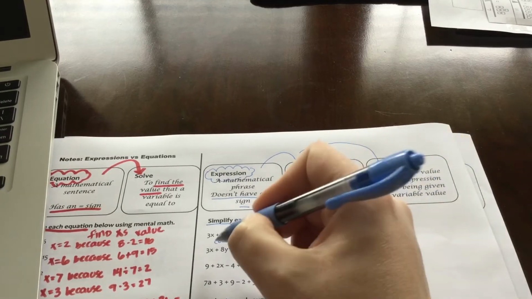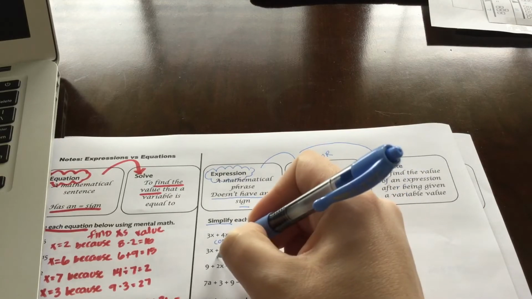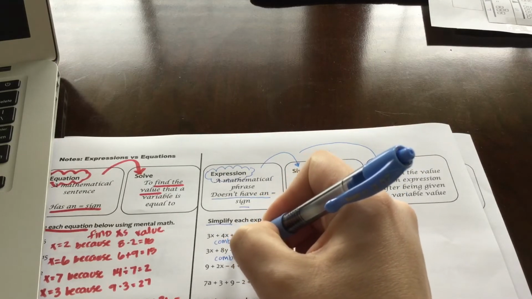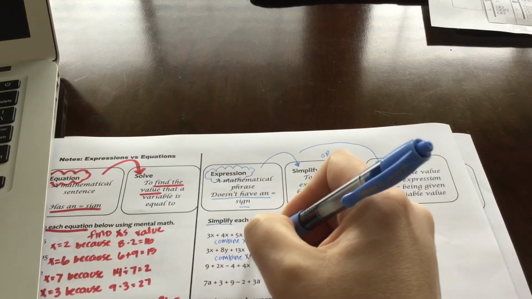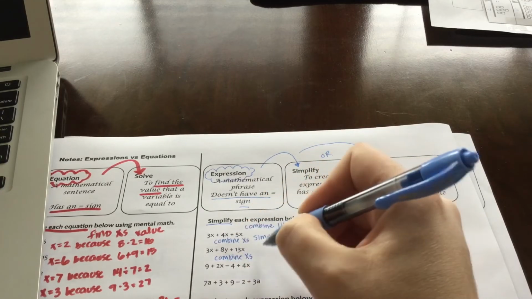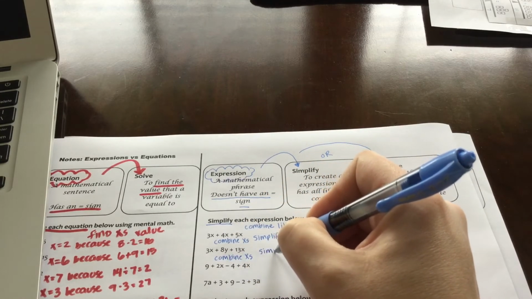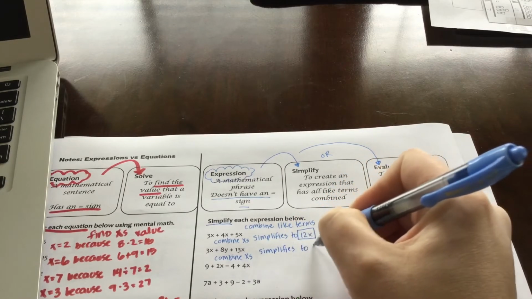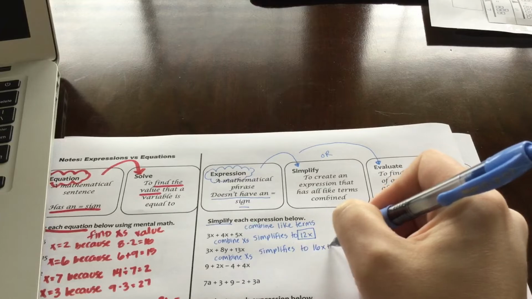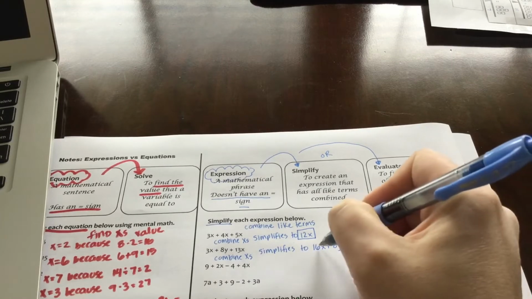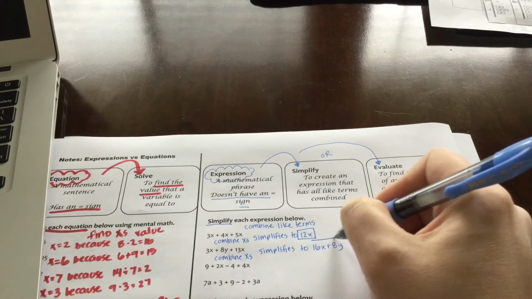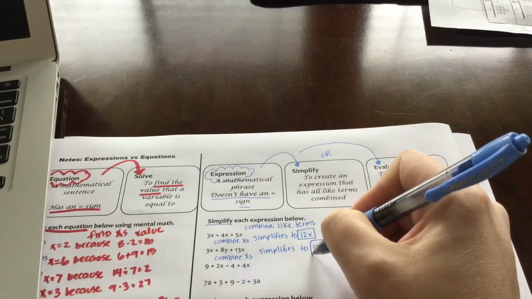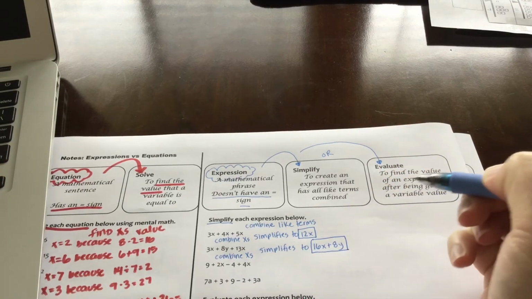For the second one, we have x's and other x's. 3x plus 13x would simplify to 16x plus 8y's. Notice I'm writing my variables in alphabetical order to follow good algebra etiquette.